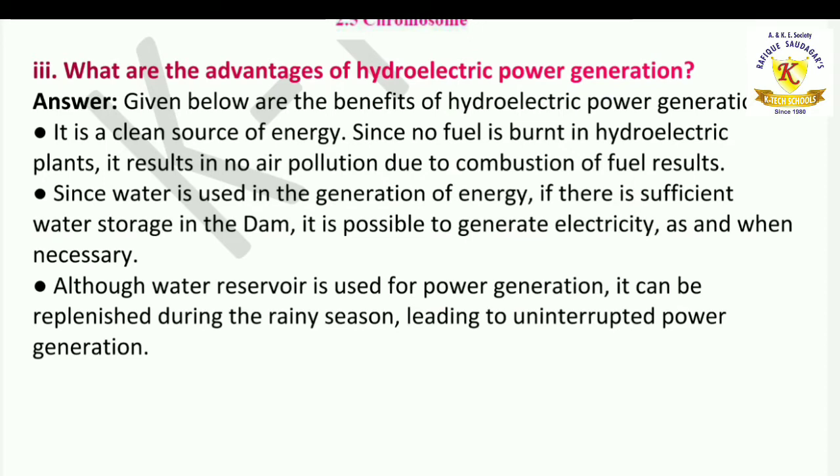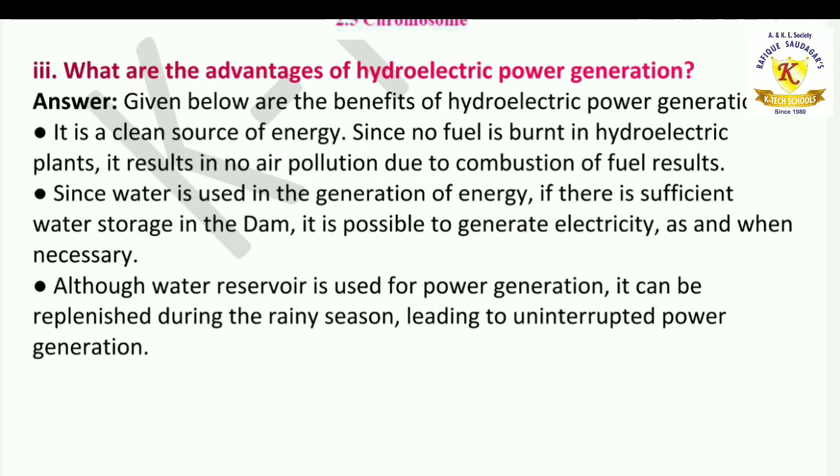Answer. Given below are the benefits of hydroelectric power generation. First, it is a clean source of energy. Since no fuel is burnt in hydroelectric plants, there is no air pollution due to combustion of fuel.